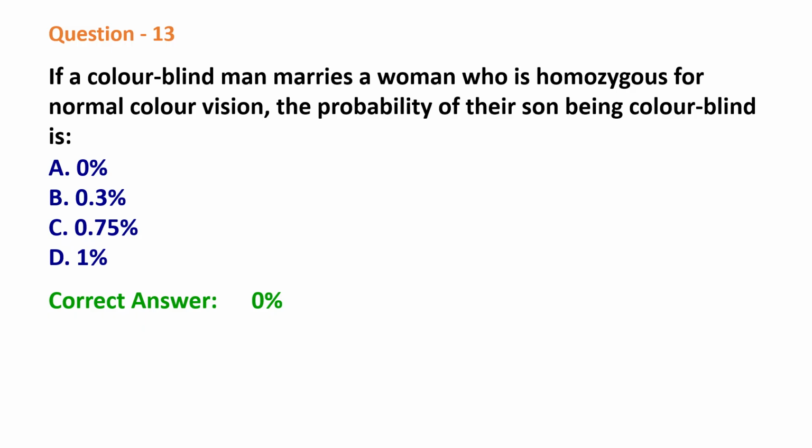So the child is getting Y chromosome from his father and his father is color blind. So Y chromosome has nothing to do with the disease color blindness. So son is getting a normal chromosome from the man who is color blind. What about his mother? Woman is homozygous for normal vision. So mother is totally normal. So the son is getting X chromosome from a normal woman. So son has zero chance of getting color blindness.